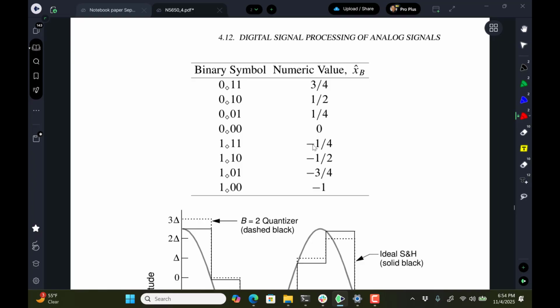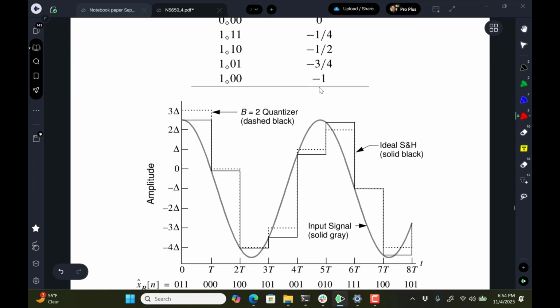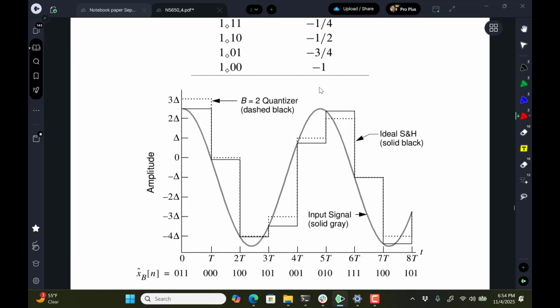And if we were to look at the impact of that on a waveform, say a sinusoid like this, the ideal value from the sample and hold would be the black values, which represent extending the sample point on the sinusoid, but the dashed values represent the quantization error that is occurring because of our quantizer action. And this is an 8-bit quantizer, so it's gross. It's a large amount of error.